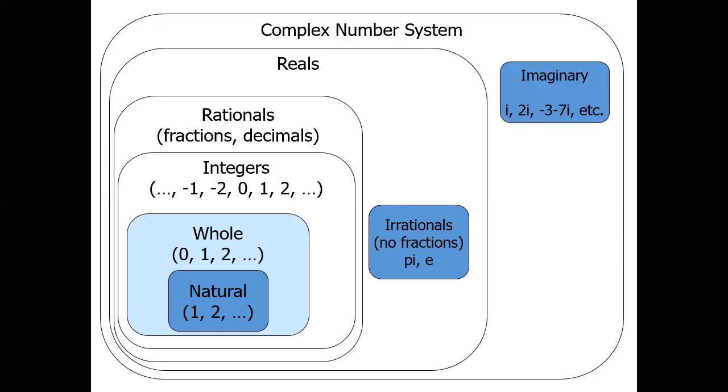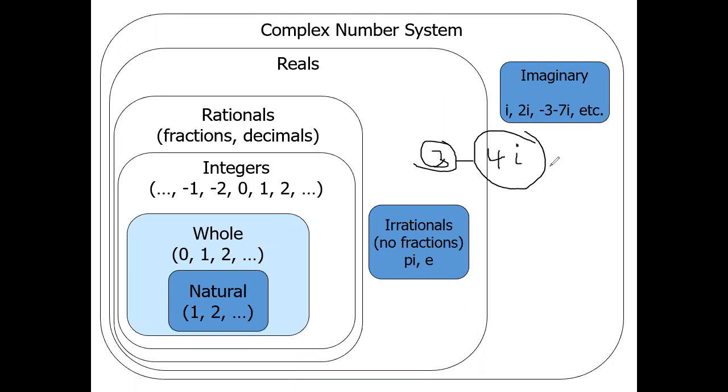All the numbers we are seeing with i are called imaginary numbers. Assuming I give you a complex number like 3 minus 4i, 3 is a real number, so we call it the real component. And then 4i is imaginary, so we say this is the imaginary component.